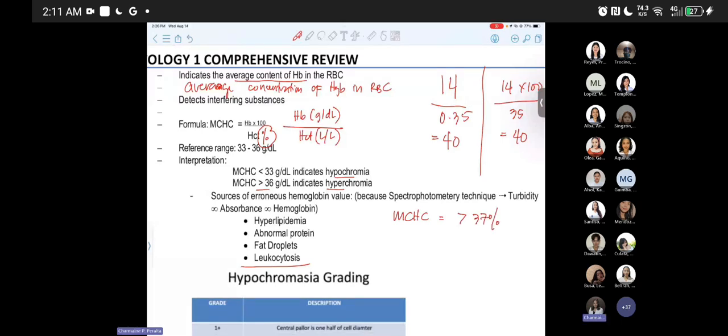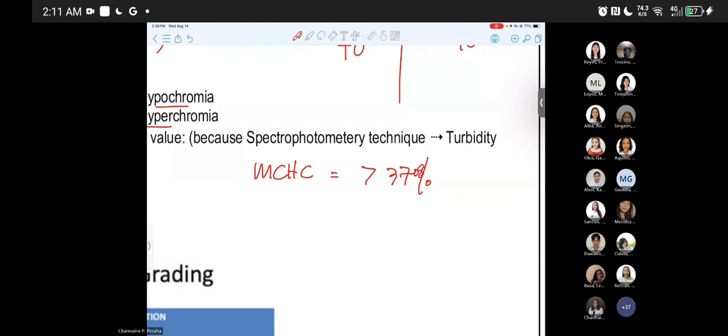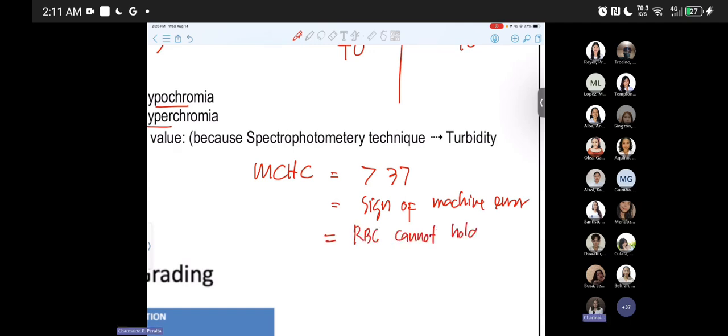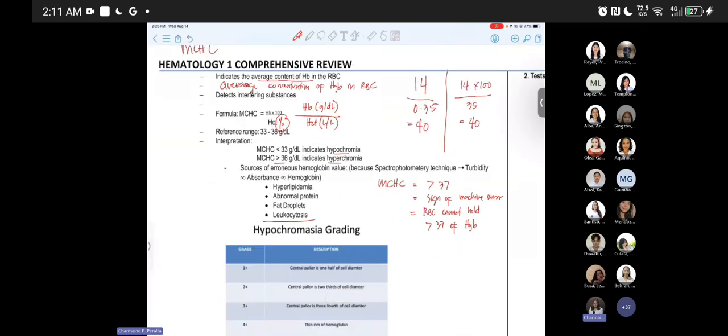A result greater than 37 is a sign of machine error, because the RBC cannot hold more than 37 grams per DL of hemoglobin. So check the machine if that happens.